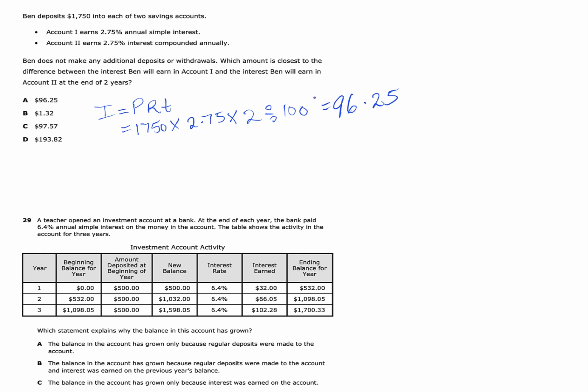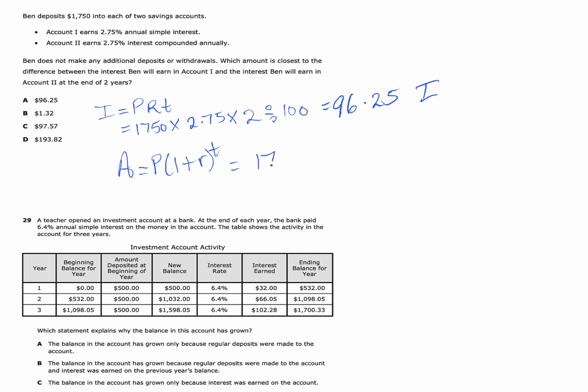Now account 2 is compounded annually. For the compound annually, they don't give you the formula. If you know about exponential growth and decay, it's A equals your principal times 1 plus the rate, and then that's raised to the power T. You have seen this before when we did exponential growth.